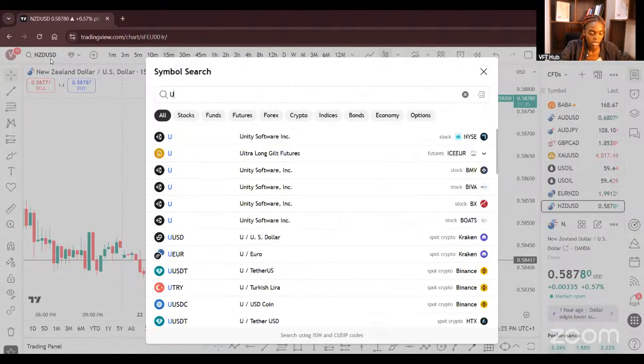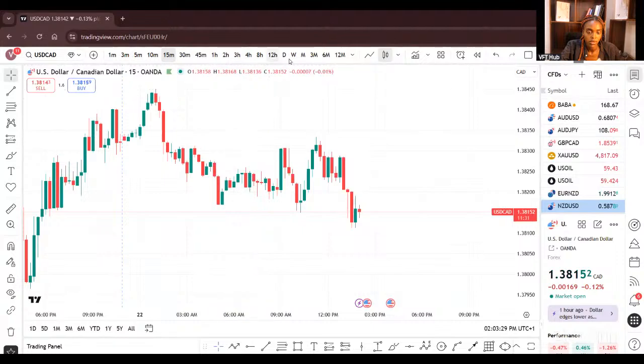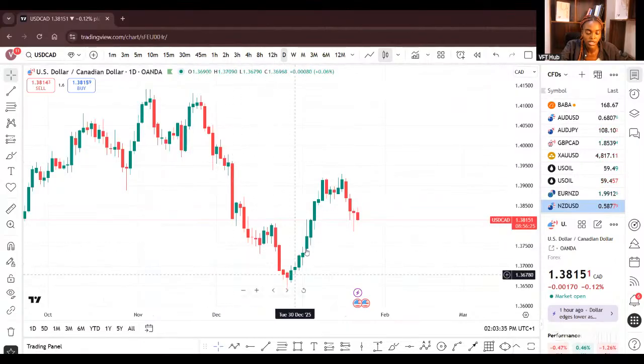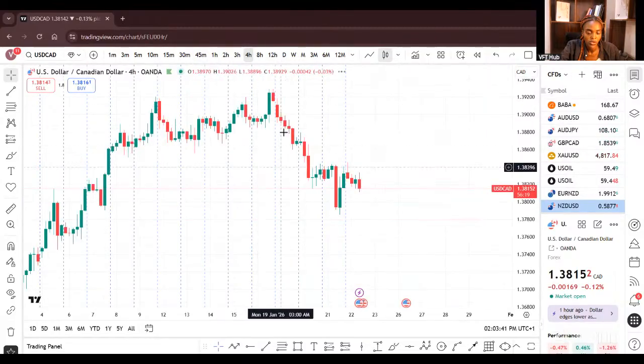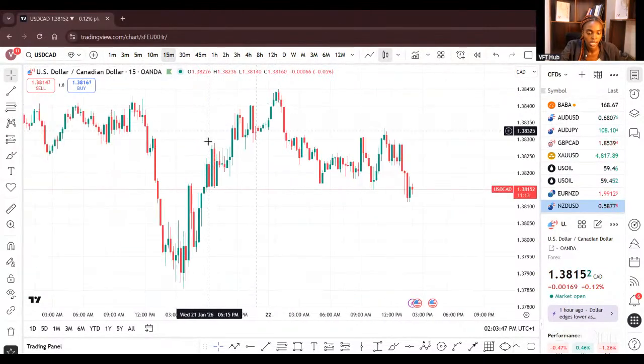And last on my list being USD CAD. The weekly time frame seems bearish. Coming down to the daily time frame, we're even seeing some bearishness, right? And on the 4-hour time frame, as seen right here, most recent price action seems to be bearish. So we want to look out for entries on the much lower time frames.